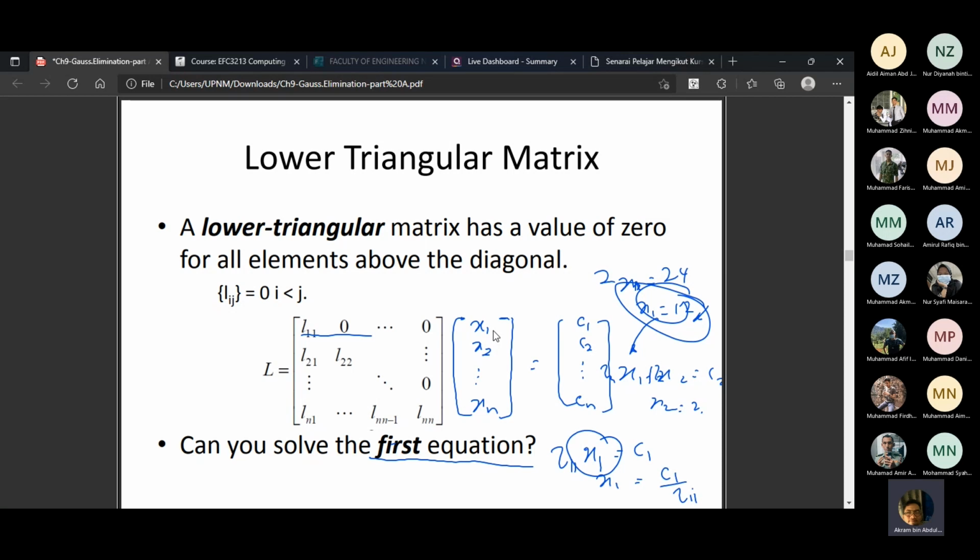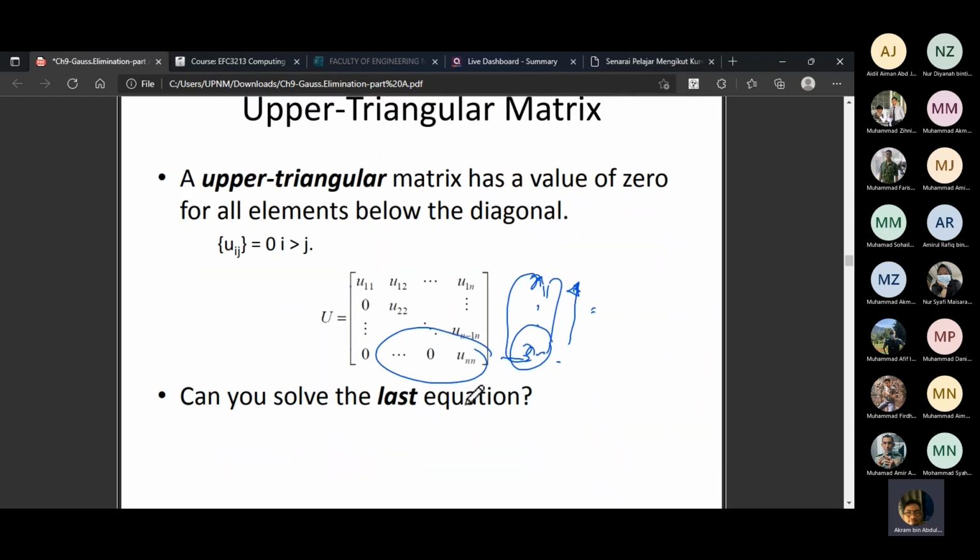So maknanya kita boleh gunakan this value x1 untuk kira cari what is x2 and so on until all the value of x. So ni kalau you ada bentuk lower triangular, you darab dengan unknown x, kita boleh selesaikan cari apa semua nilai x yang terkandung dalam this system of linear equation.